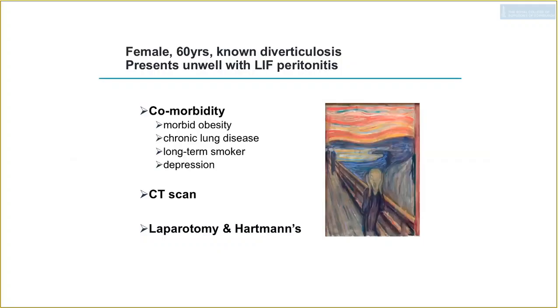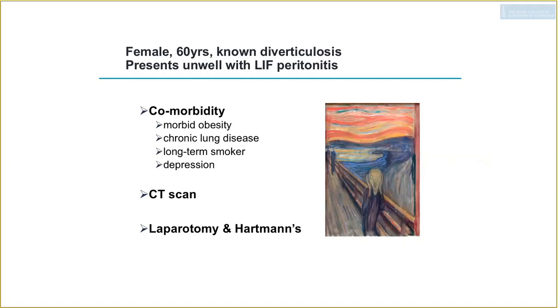I'll make it as relevant as possible in terms of cases, and all the cases that I'll present are cases I've dealt with myself. Here is a lady a few years ago who presented, as they often do, on an emergency take with abdominal pain and the usual kind of comorbidities, it would seem, with obesity, some lung disease.